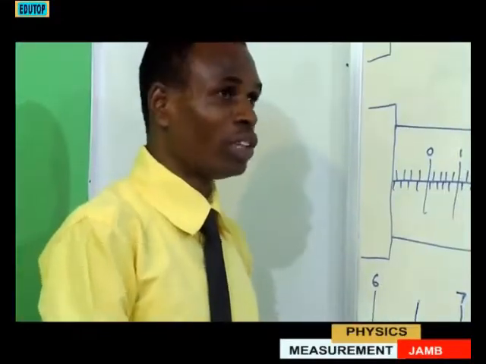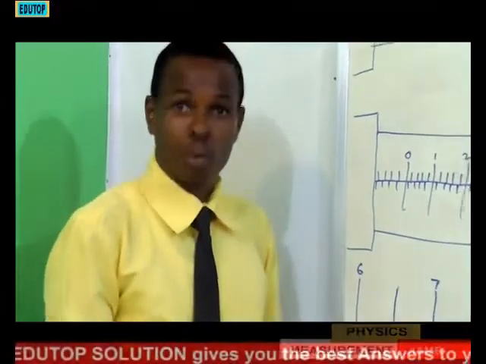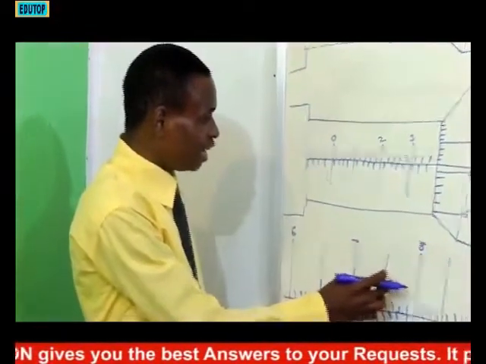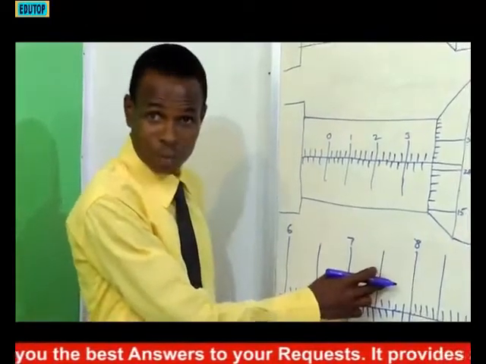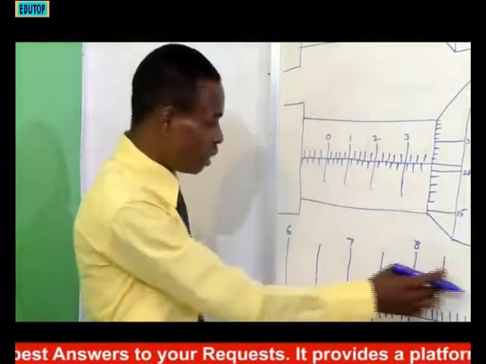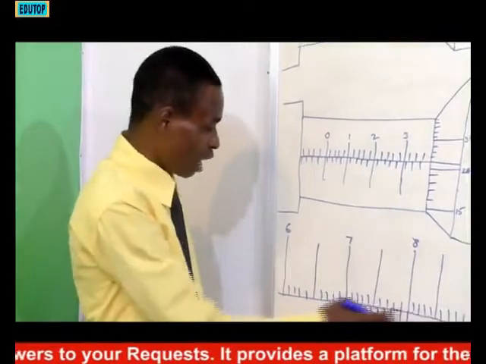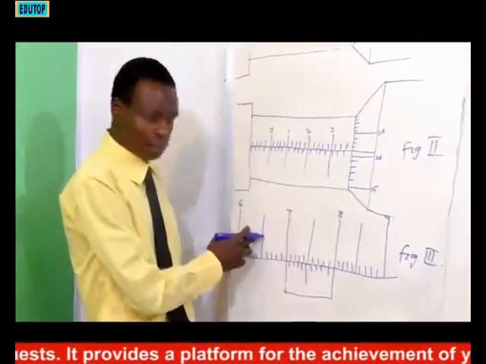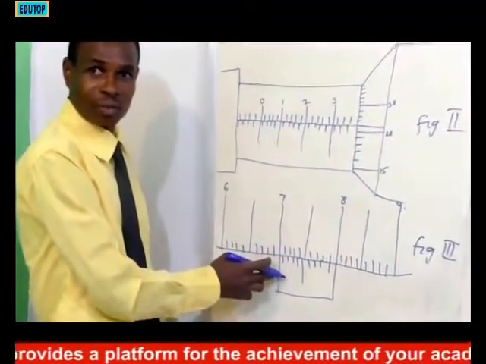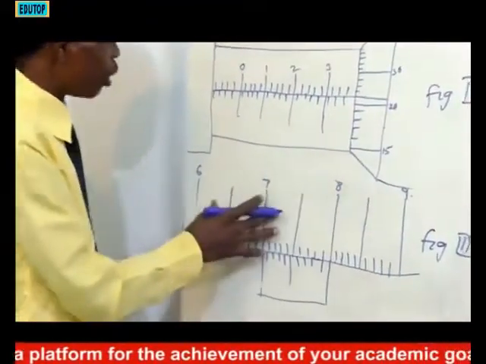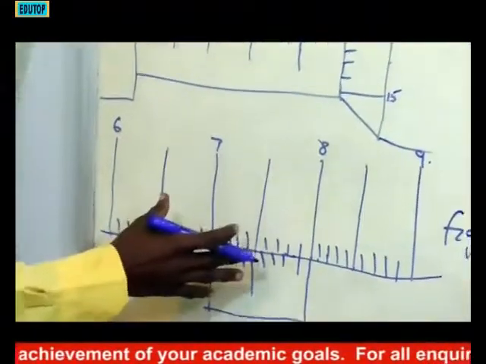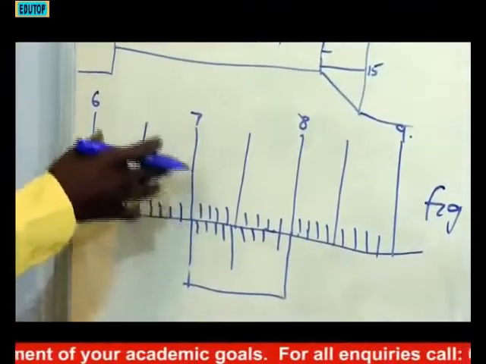We also use it to measure the diameter of something like a pendulum bulb. This vernier caliper is also in two sections. We have the main scale and the vernier scale. The one on top is the main scale, and this is the vernier scale. How do we now measure the diameter or the length of a particular material from this?